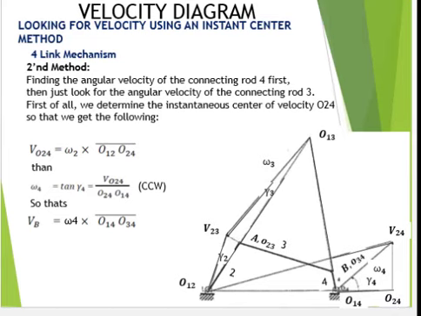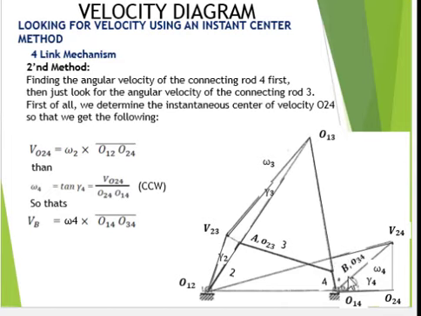So we get the following about the points. Point A, apart from being located on connecting link 3, is also located on connecting link 2. Point B, besides being located on link 3, is also located on connecting link 4.